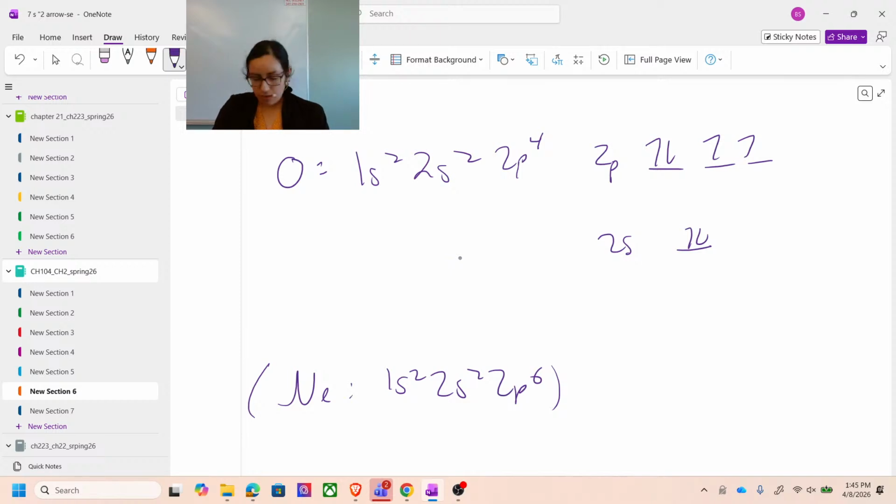Yeah, so we'd have 6 valence electrons. And so I'll sketch it out as well. So 1, 2, 3, 4, 5, 6.